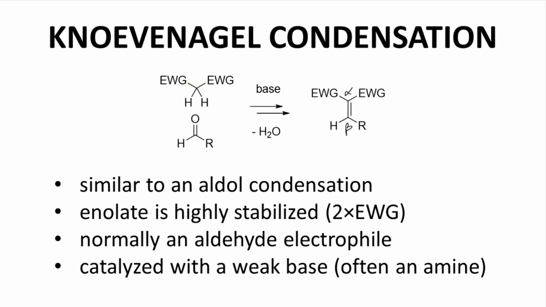These types of compounds, a methylene with two electron withdrawing groups, are called active methylene compounds. The electrophile in the Knoevenagel condensation is very often an aldehyde.